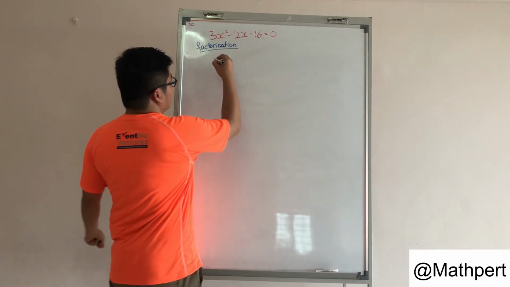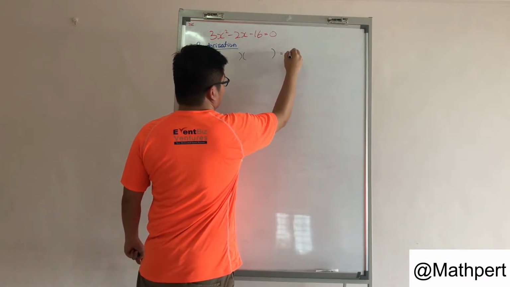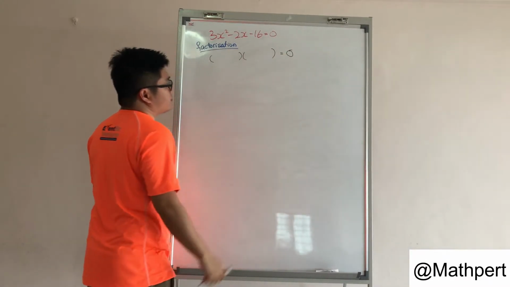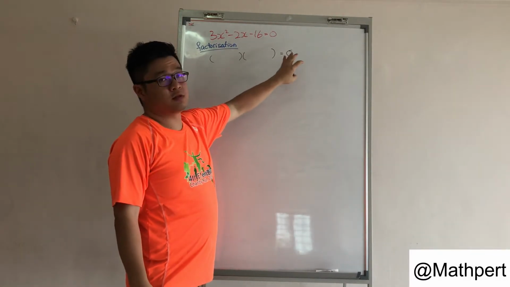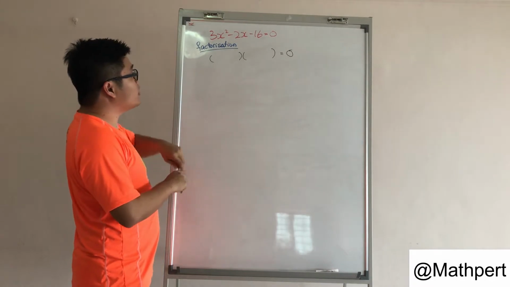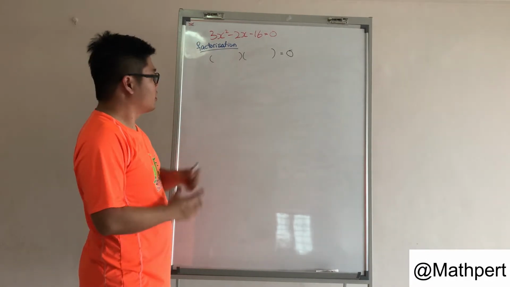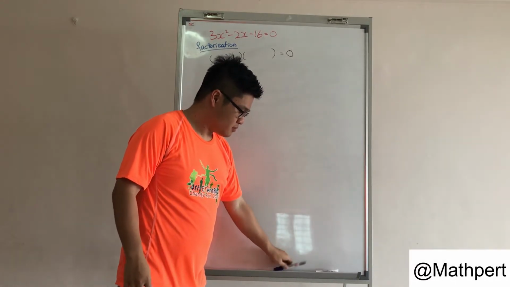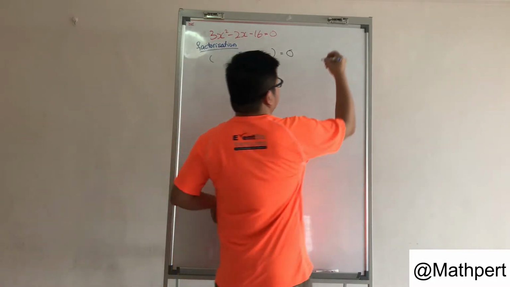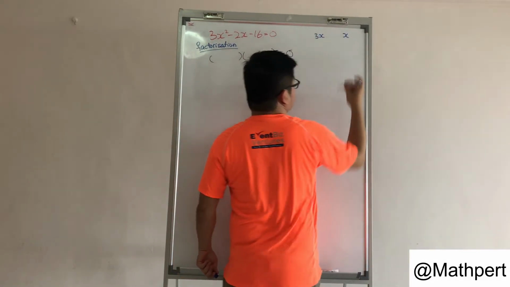First, we draw two brackets on the left hand side of the equation, equals to 0. First of all, find out how do we get 3x squared. So we have 3x multiply x.